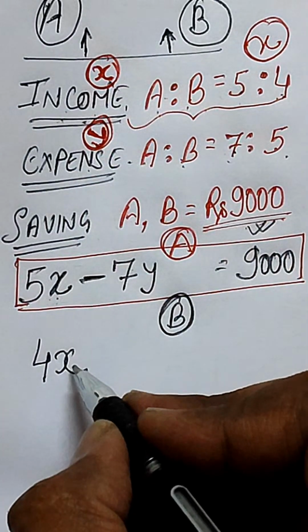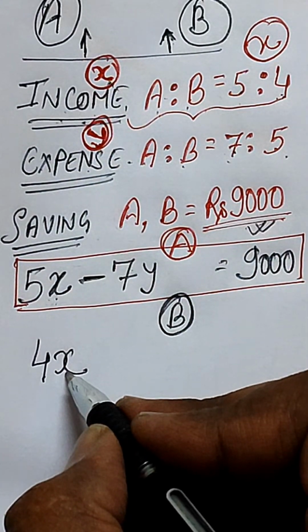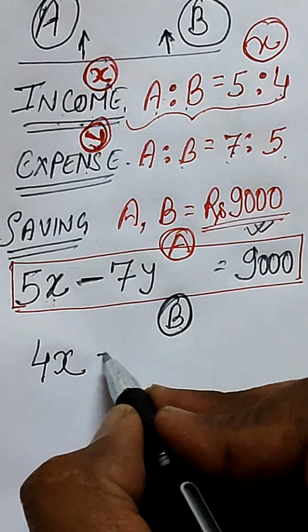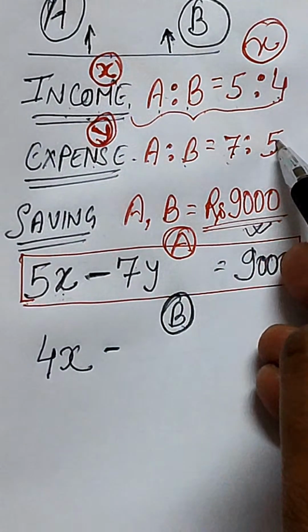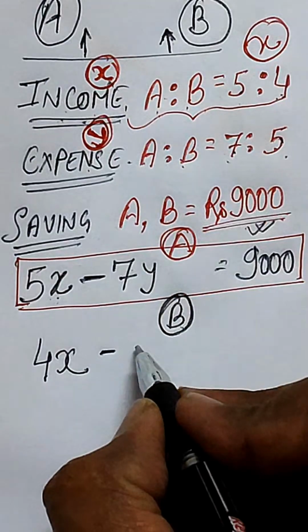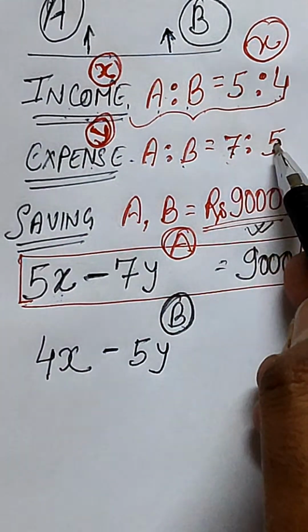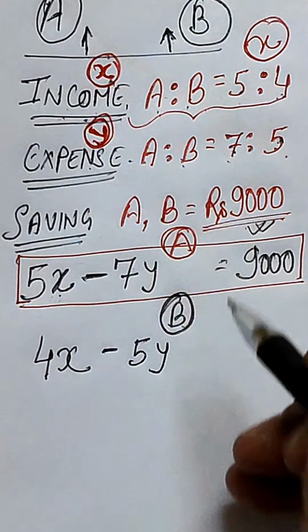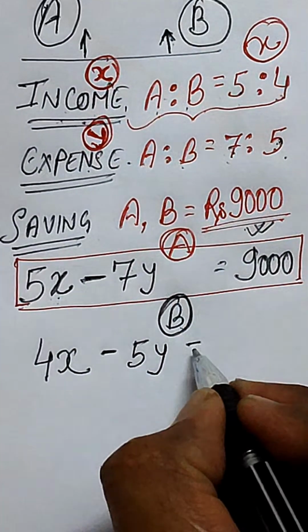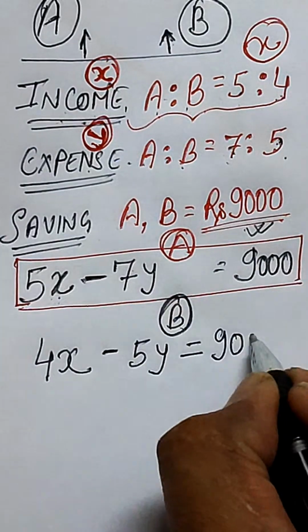So 4x is the income of B, and the expenses will be 5 times y, because 7 is to 5 is the ratio of expenses of A and B. And 4x minus 5y is also equal to 9,000.